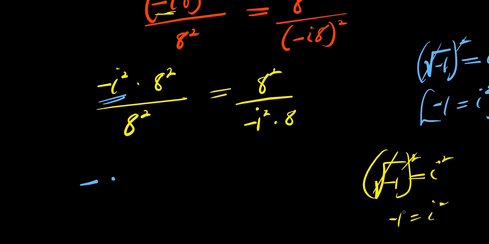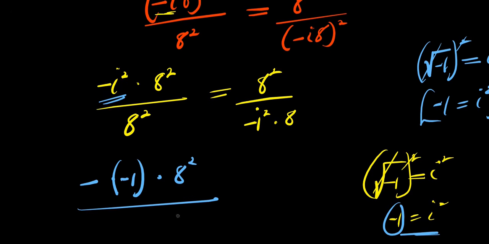And I power 2 is negative 1. So we have negative times negative 1, because I power 2 on its own is negative 1. Have you seen it? Here times 8 power 2, there is negative times negative 1 divided by 8 power 2. And this equals 8 power 2 divided by this is the same thing. Negative times negative 1, because I power 2 is negative 1, times 8.